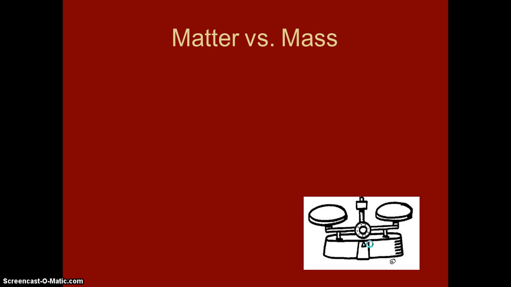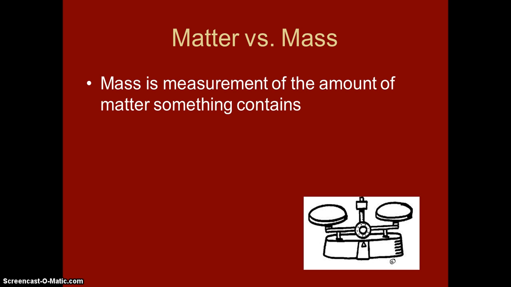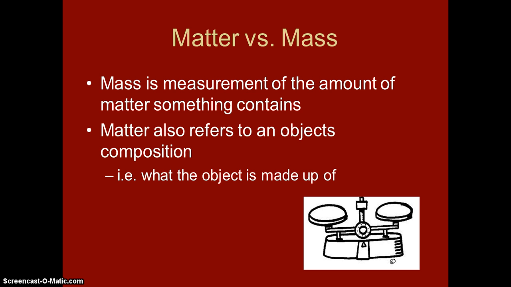So then what do we do with this idea of matter and mass? Well, mass is simply the measurement of how much matter something contains. It's an amount of matter. Matter, on the other hand, refers to an object's composition. So we would say something like, oh, I have 5 grams of steel.